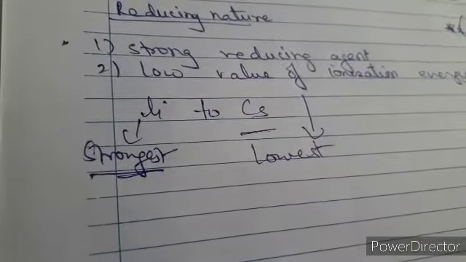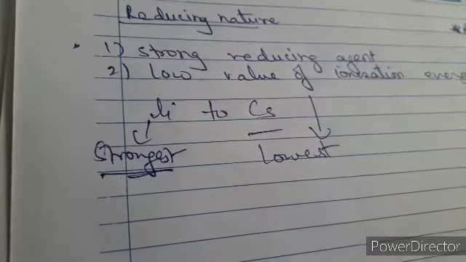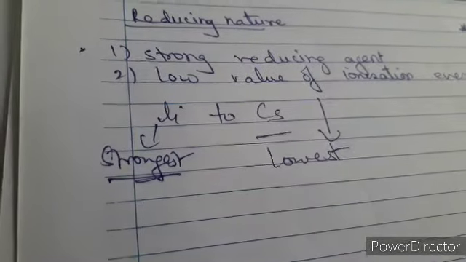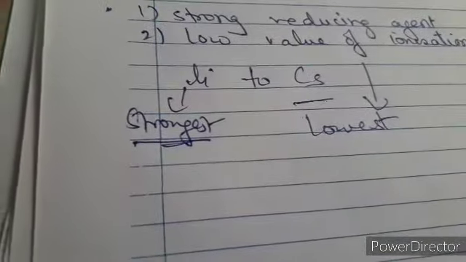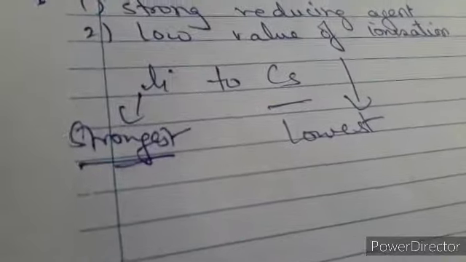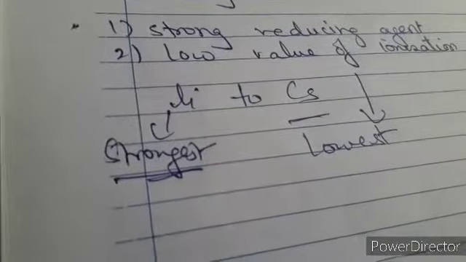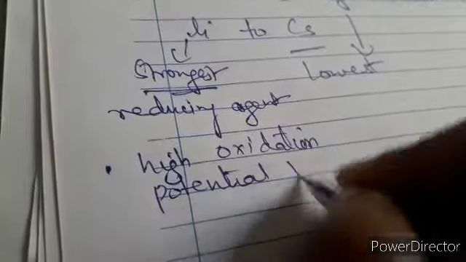Now why this is happening, actually you have not discussed in this chapter. This portion you will discuss in class 12th. We have electrochemistry, so in that we'll see. Just now we have to focus that if any particular reducing agent is said to be the strongest reducing agent, then we should understand this indicates that it has a high oxidation potential value.